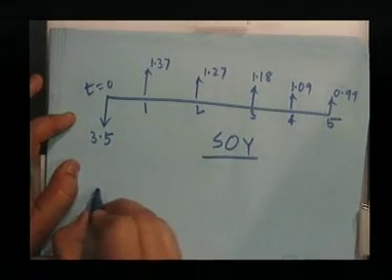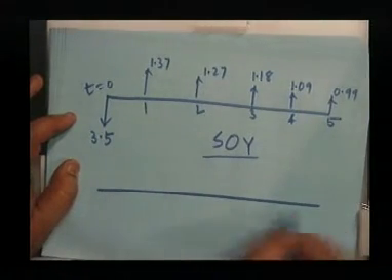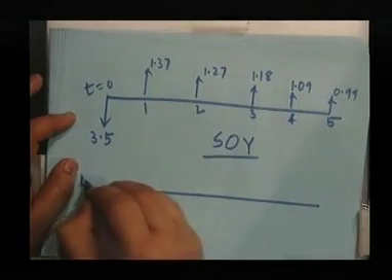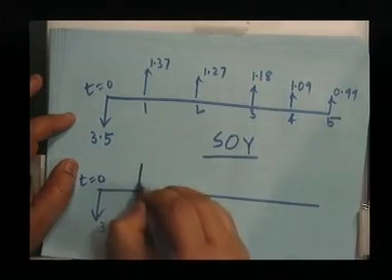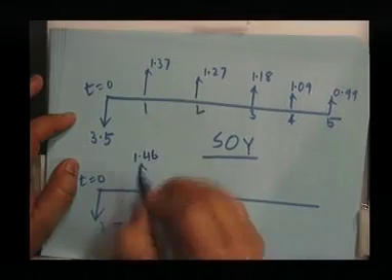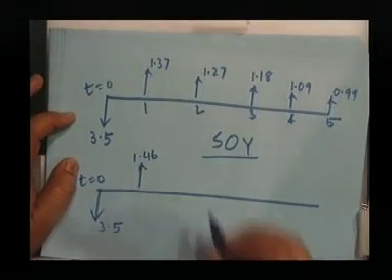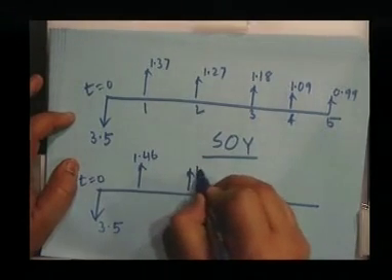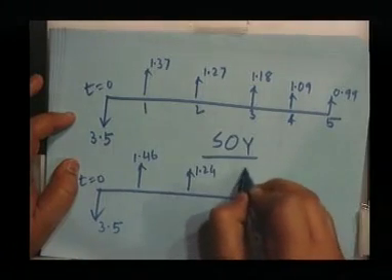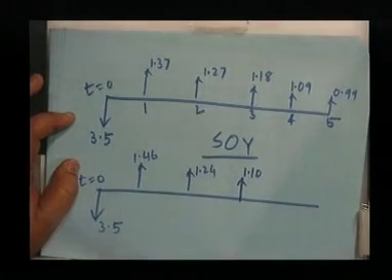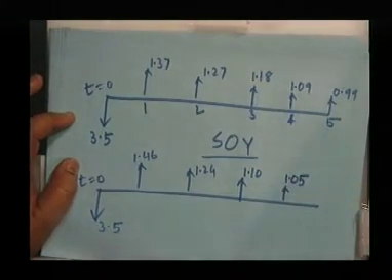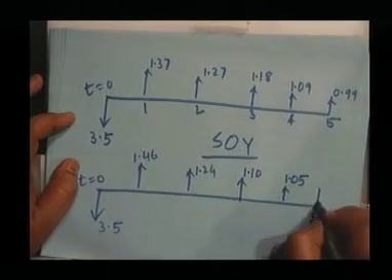And finally the last one: 3.5 at time t is equal to 0, 1.46 here, 1.24, 1.10, 1.05 and finally again 1.05.